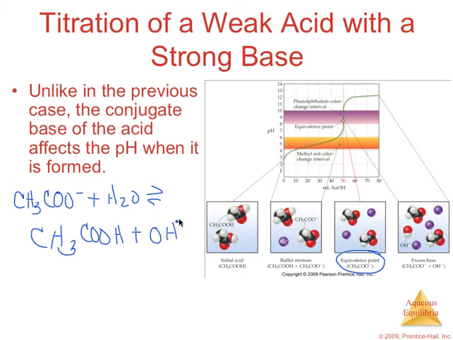So it's going to liberate hydroxide, which drives the pH up at the point where my initial base moles is equal to my initial acid moles. Then we see at the end of the curve, again, because I've got an excess of a strong base, I've got that high pH again.